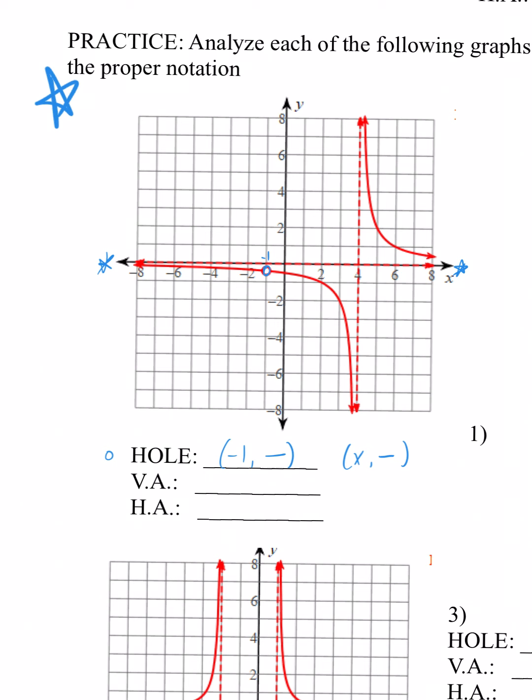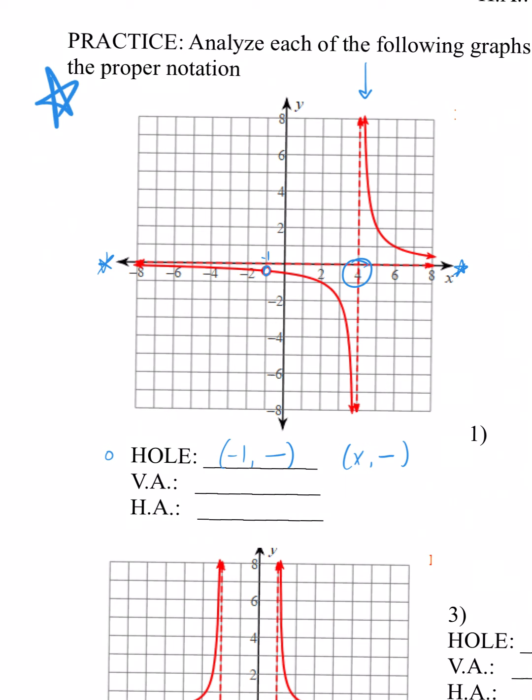Okay? Now, this is a little bit easier. A vertical asymptote is a little bit easier to see here. Now, in a vertical asymptote, we're just looking for the dashed line that goes up and down. Okay? And we're looking at the point that it lands on our x-axis.